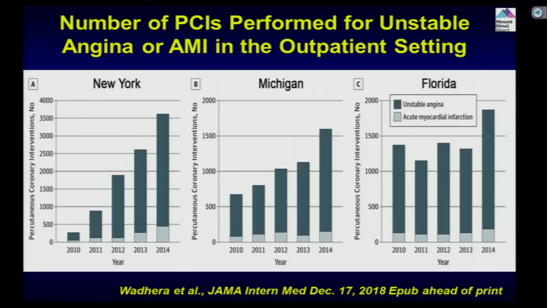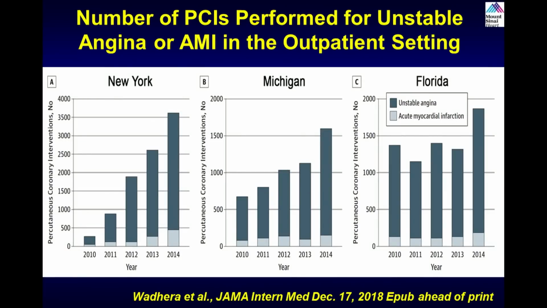Here at Sinai, we have 8-9 fellows, and any patient in the inappropriate category will come to the attending and the fellow will say, this patient does not make sense. In some cases you still have to do it because of symptoms, or the patient has VTach or some other reason, but the key is that this practice is going on, and that has really changed the pattern of PCI.